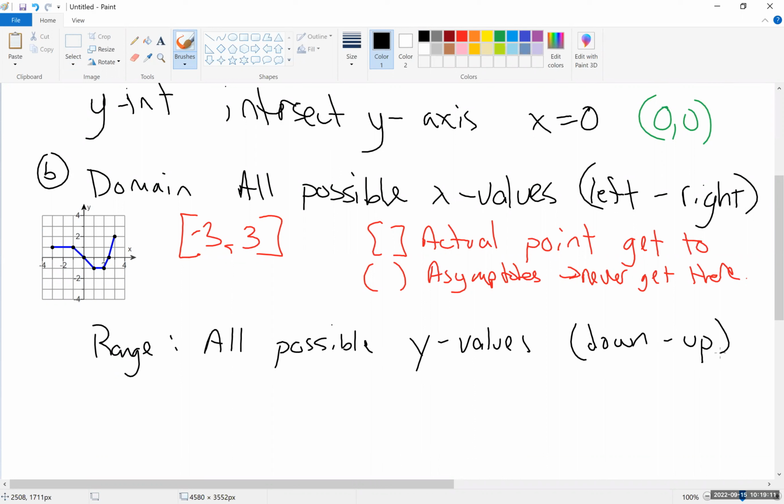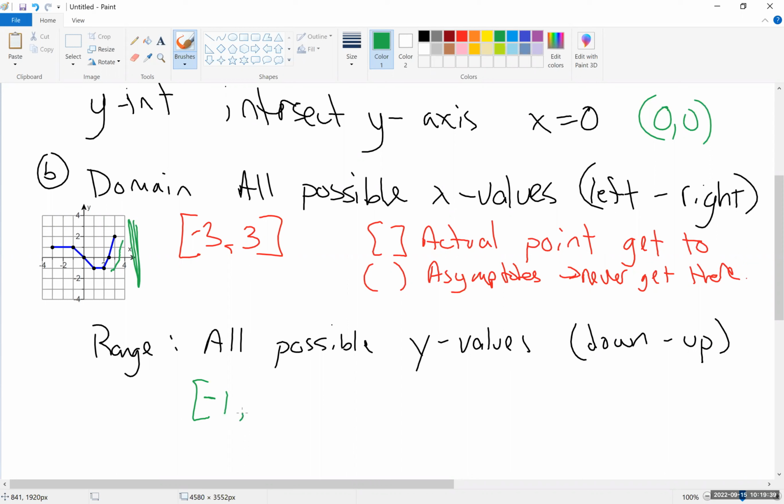Instead of looking left and right, we're looking up and down. How far down does this graph go? What's the lowest y value that we get? Follow the graph down. The lowest y value is -1. So we're going to put -1, and because it's an actual point that we go to, we use a bracket.